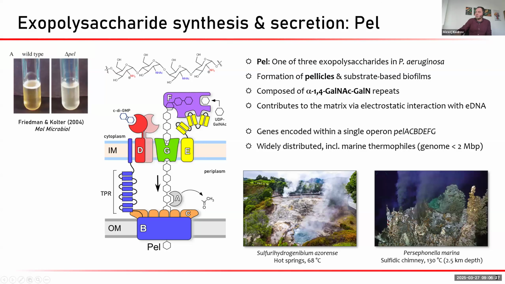And the polysaccharide is not found only in Pseudomonas, but also in a number of other organisms, including thermophiles, for example those which live at 70 degrees or even 130 degrees. Those organisms have an extremely small genome, but the whole operon is present there, suggesting that this polysaccharide is very important for cell viability and survival in those conditions. So learning something about it would be really interesting.